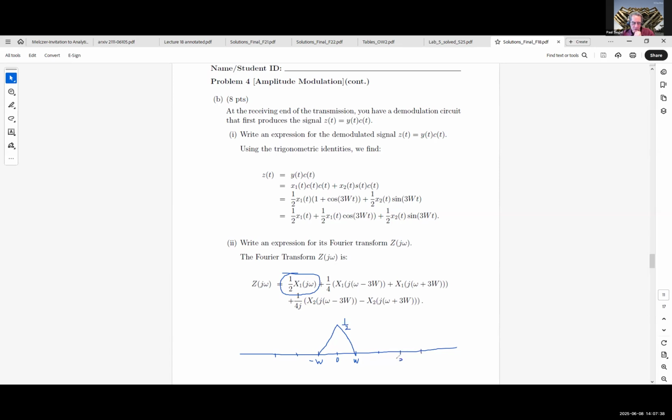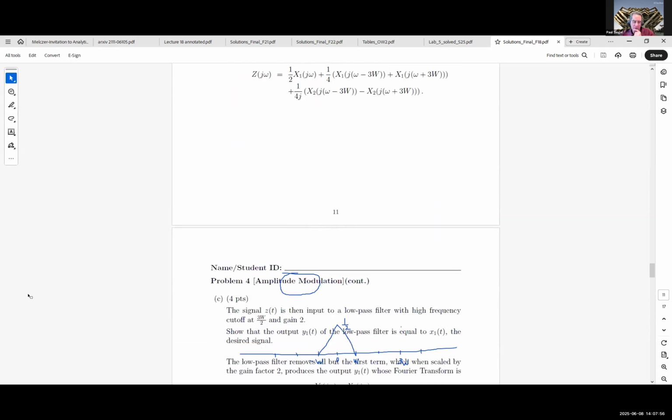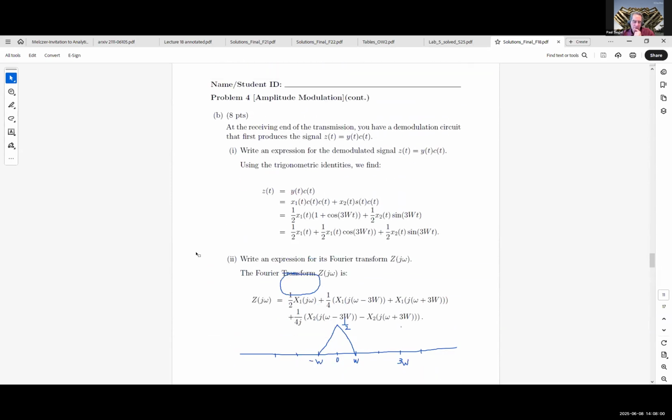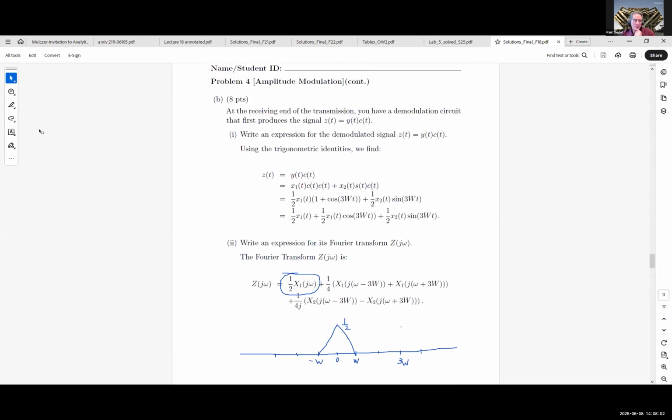So here's 3w. Let me just make sure as I'm doing this that I'm solving the right problem here. Yeah. So let me finish drawing that picture, and then we'll put it through the low pass filter at the end.